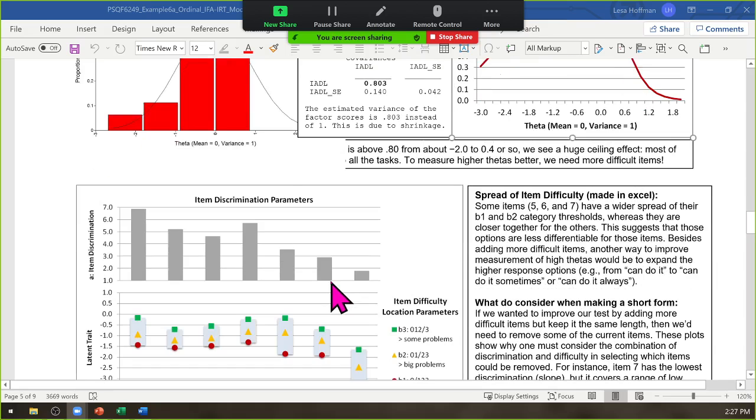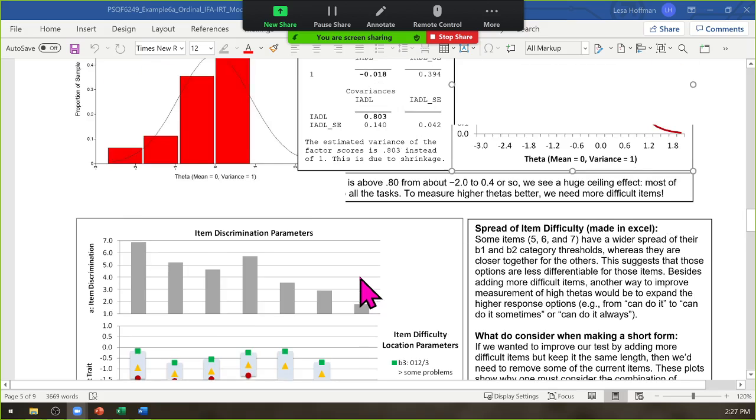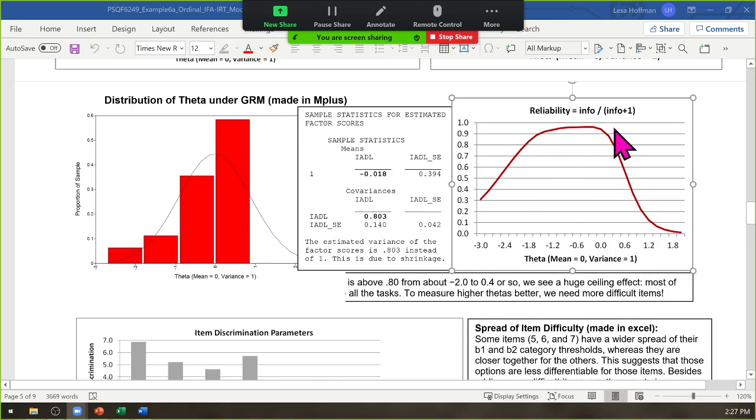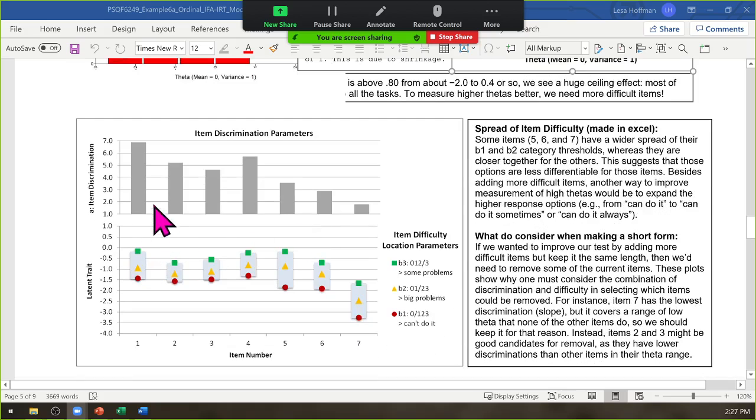So where the items are in terms of their difficulties directly creates this information or reliability function. And that creates this pile on the right-hand side of people who cannot be distinguished. They don't have any choices. So we would need to add more items that would cover the space above the green, like can train for a marathon, right?